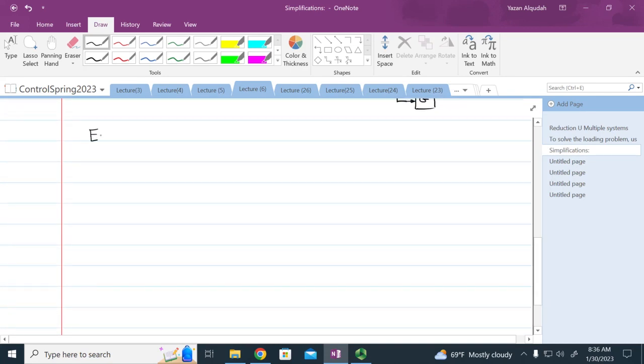So to apply all this, let's look at this block diagram and try to reduce it into a single block.